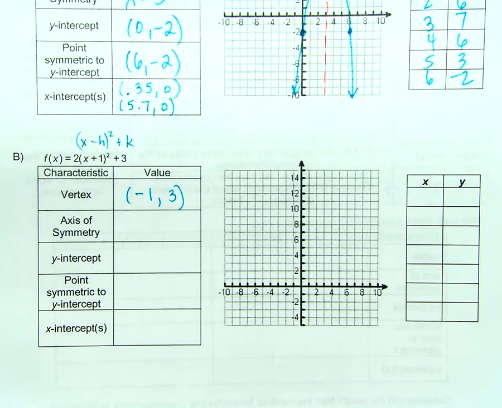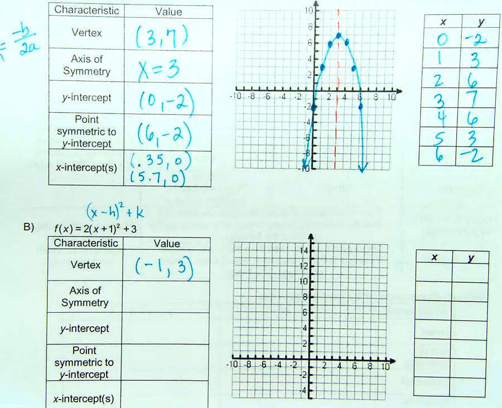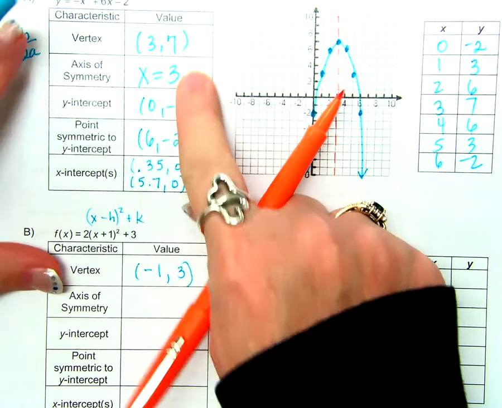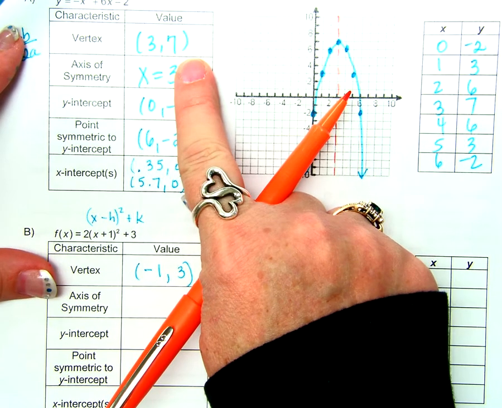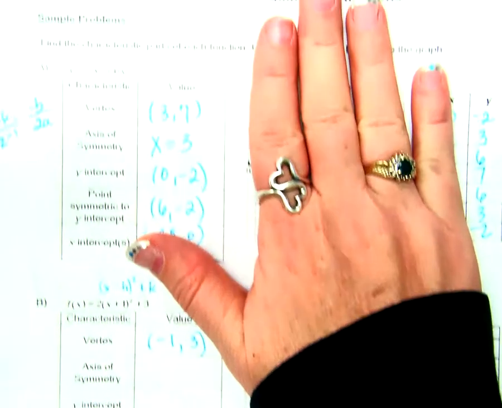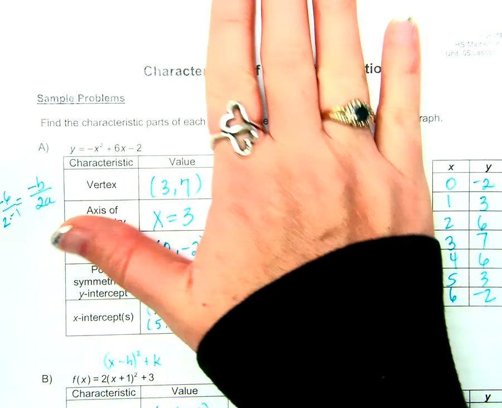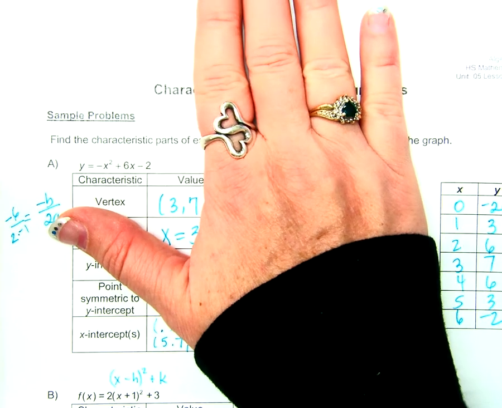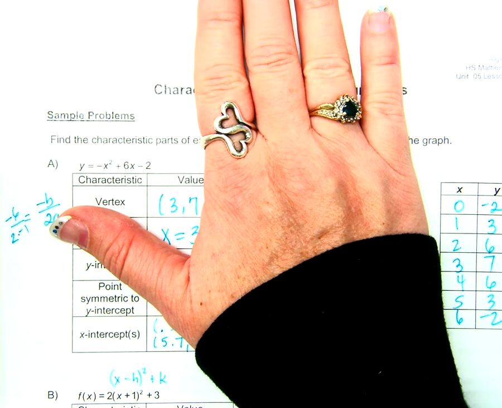Just for kicks and giggles, it doesn't ask for this, but tell me please, is this vertex a minimum or a maximum? Could you tell just by looking at that if it was a minimum or a maximum? How?